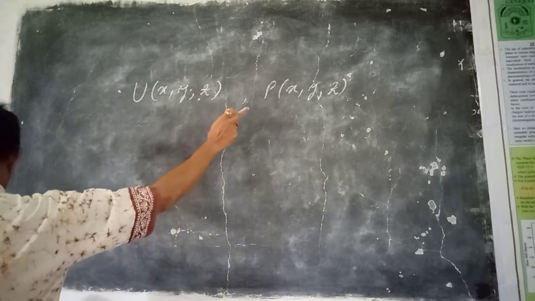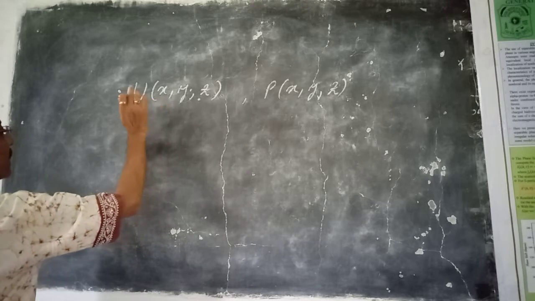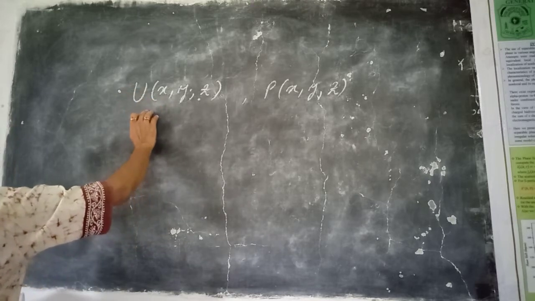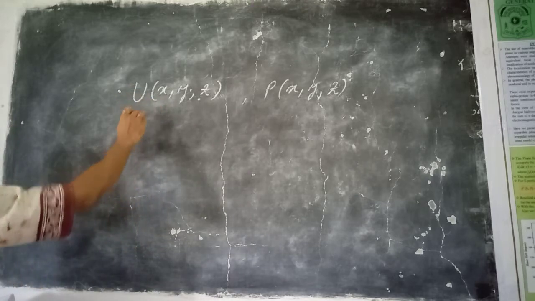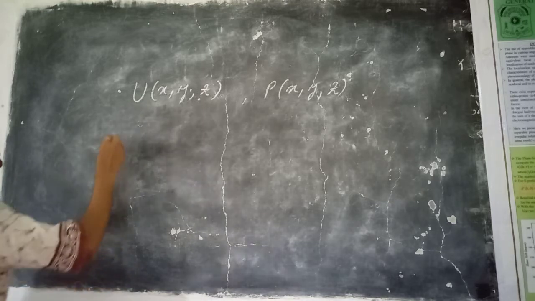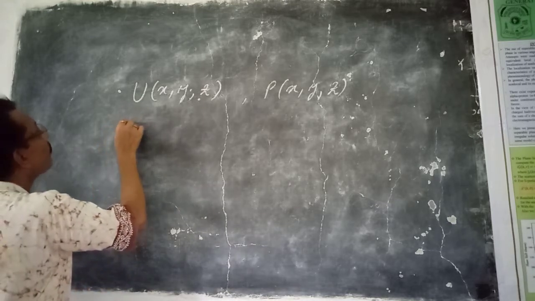Therefore, the electrostatic interaction between U and rho can be calculated by expanding U in a Taylor series.